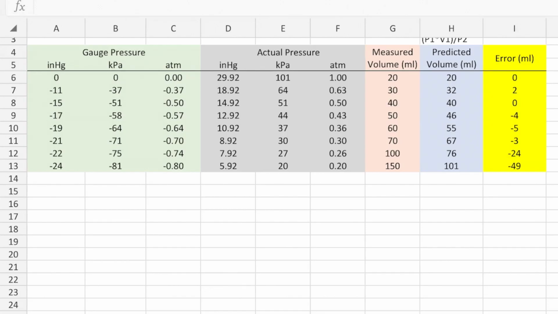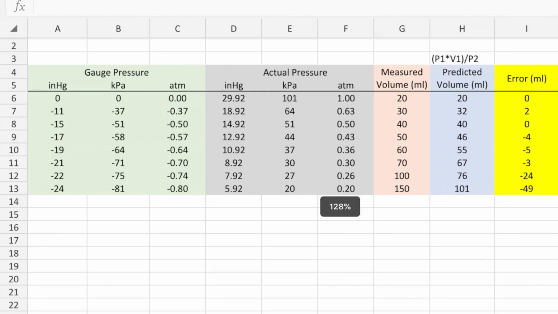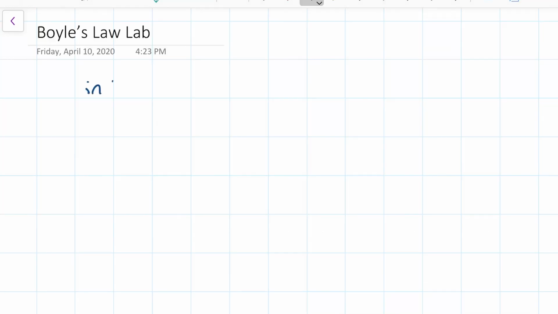So let's go with the pressure readings that you see in the picture. The pressure readings were in inches of mercury, and I don't want inches of mercury, so I had to convert to kilopascals. Then I had to subtract that value from 101 kilopascals, which is 1 atmosphere.